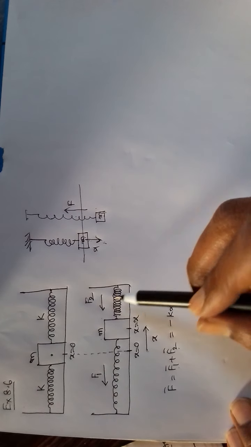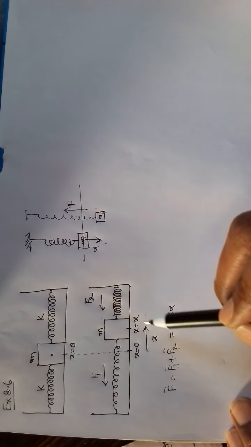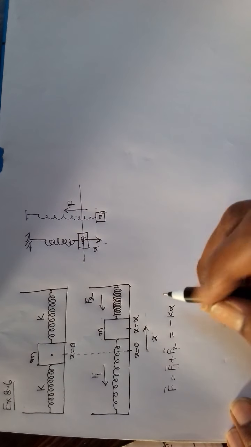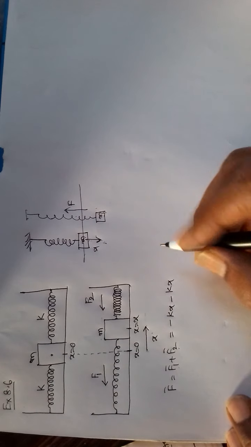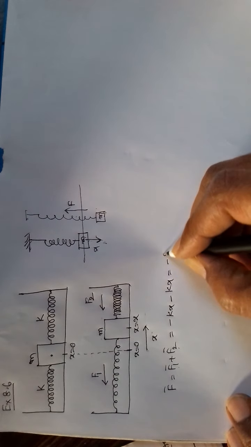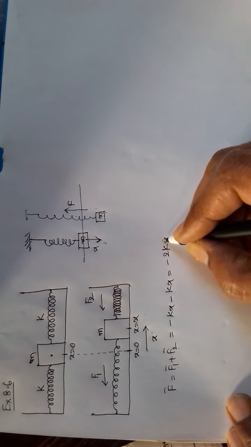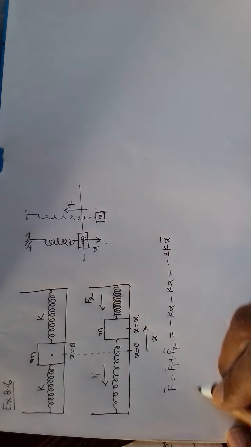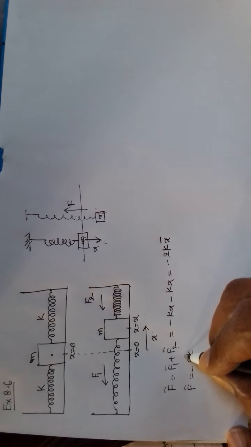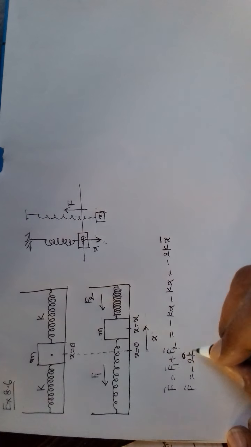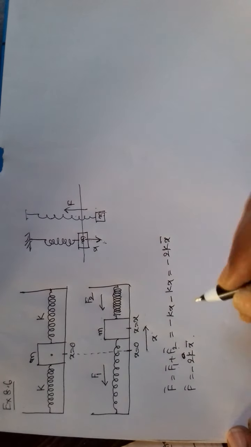And F2 is also in the opposite direction to x. Therefore, minus kx. So we get minus 2kx. So F is equal to minus 2kx.